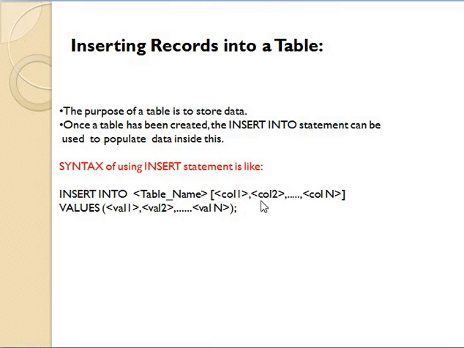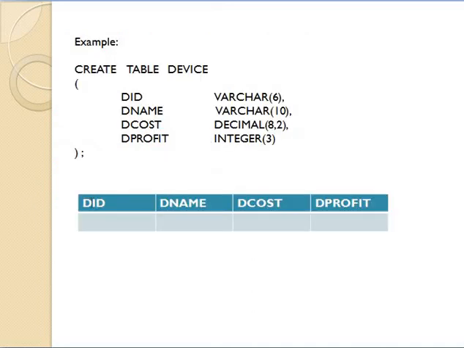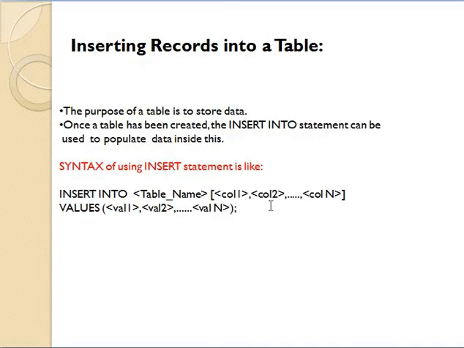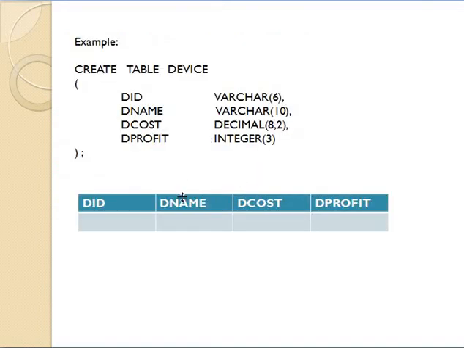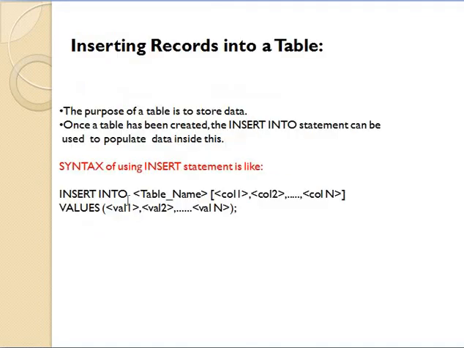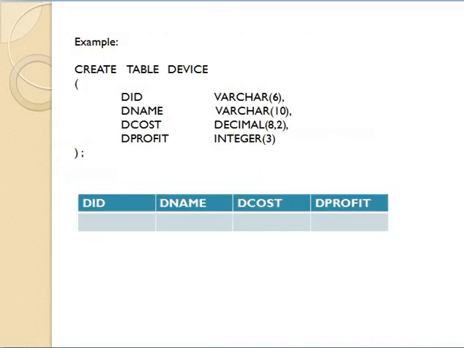Now in case you wish to include this optional part, then col1 will represent the column DID, col2 will represent the column DNAME, and since there are two more columns, the next one will be col3, and the last one will be col4, where col3 will represent dcost and col4 will represent dprofit.